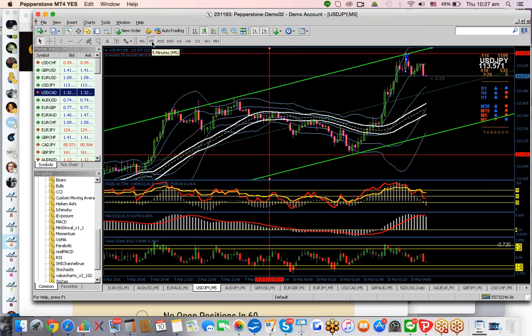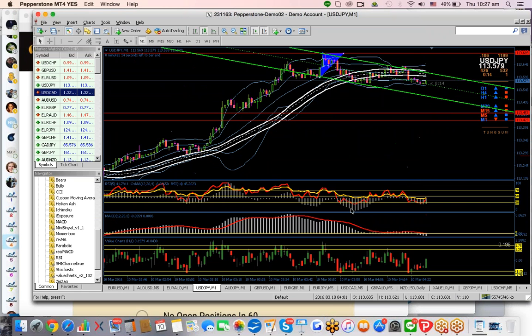USD JPY. Here, or I can even go a little bit above, like a point. USD JPY. Could take a while though.